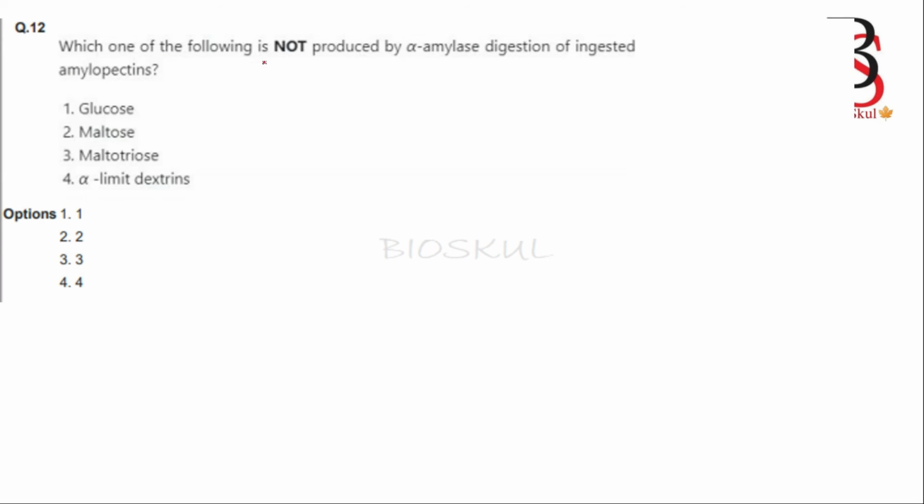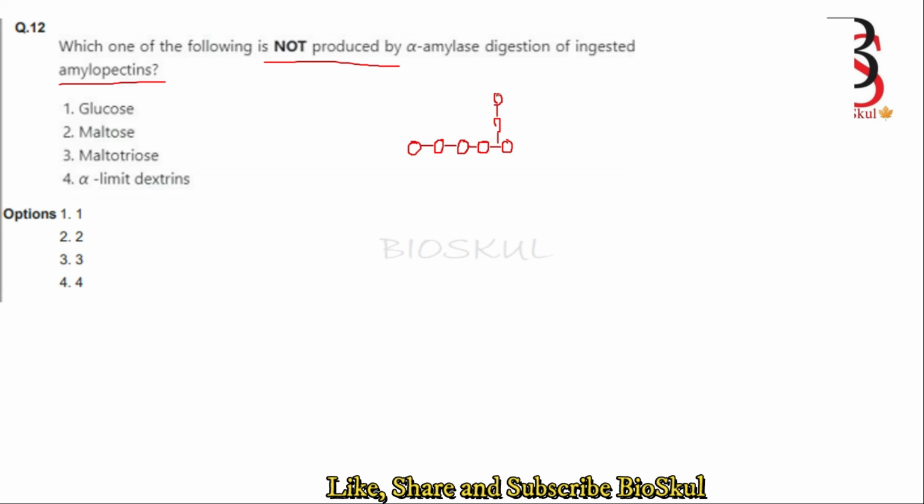Which of the following is not produced by alpha amylase digestion of ingested amylopectin? Amylopectins are the branched polymers of alpha D glucose with alpha 1,4 linkage and alpha 1,6 branch points.